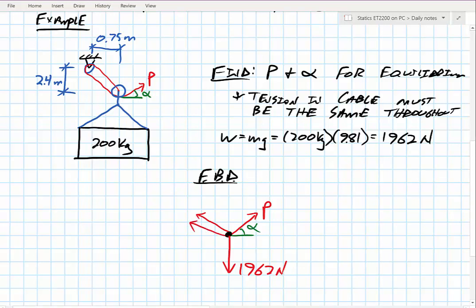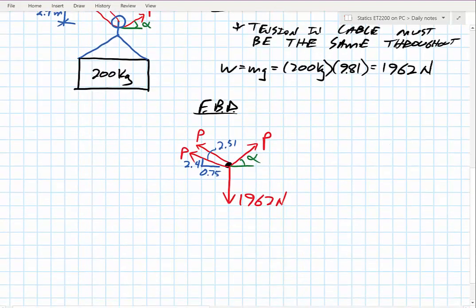So these are both P and P, and I could find out the angle that these are acting at because I'm given some dimensions of 0.75 and 2.4, and if I found the hypotenuse for those two, I get something like 2.51, and both those P's, even though they don't quite look like it, should be the same angle.